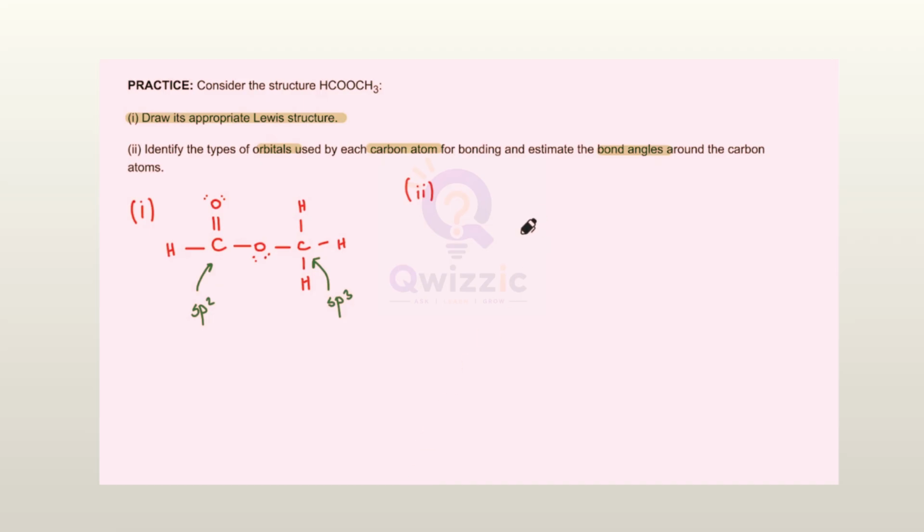What we're going to do is basically redraw this structure. And we can also remember that sp2 hybridized carbons form trigonal planar geometry. So we can add appropriate bond angles to our structure. And sp3 hybridized carbons are tetrahedral. So now we're going to use the given picture and assign the bond angles.